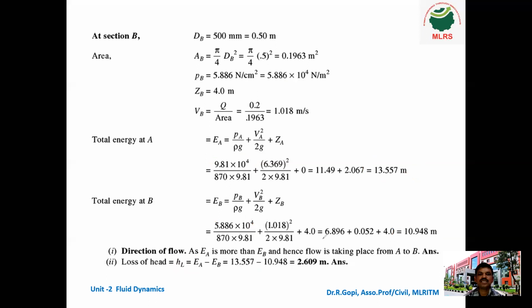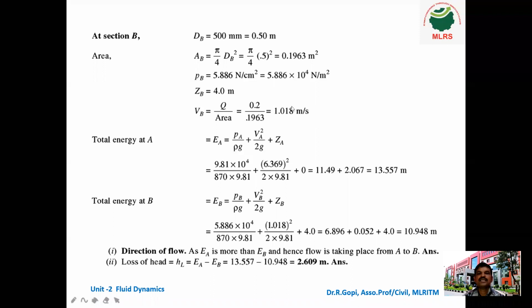So two questions they are asking: what is the direction of flow and what is the loss of head. So for the two questions, we can easily answer. These are important questions, and more will be asked in the university examination. It is also available in your syllabus.